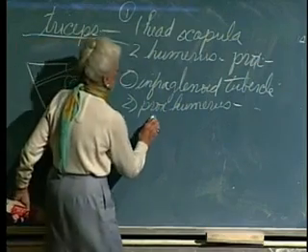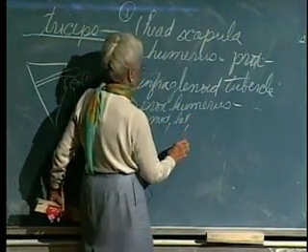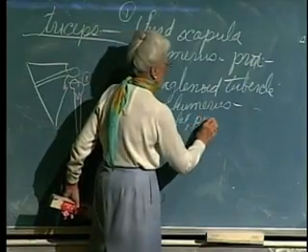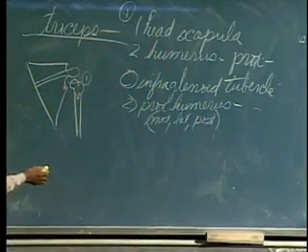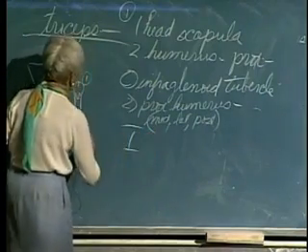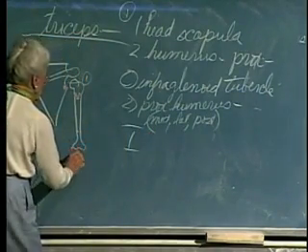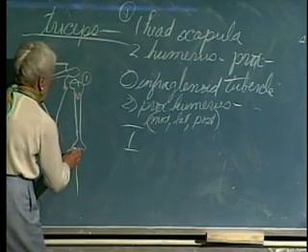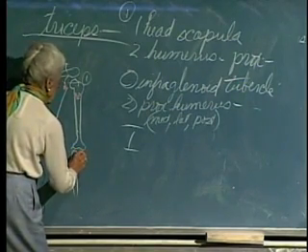Actually, they're coming from medial, lateral, posterior, to show what kind of action we can get. Now, where is it going to insert? Our humerus is coming down. It's going to articulate with two bones here.